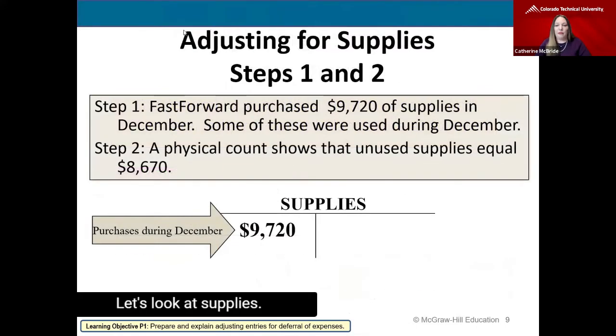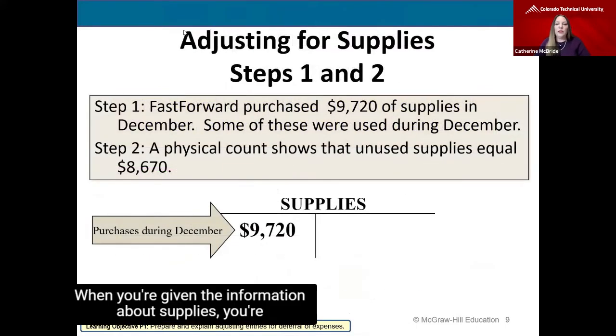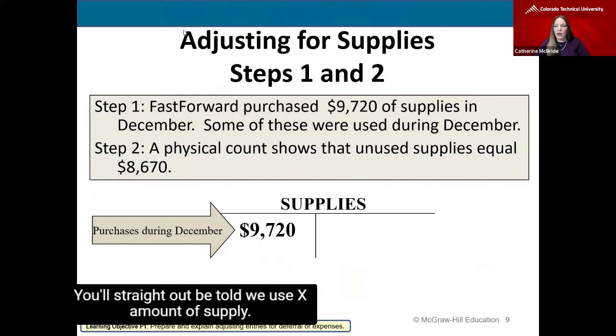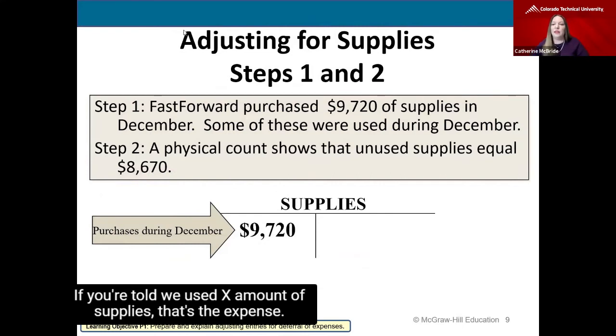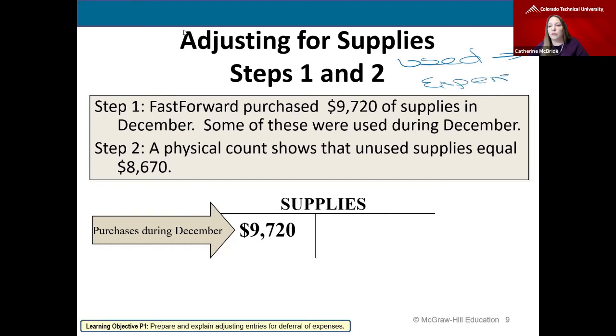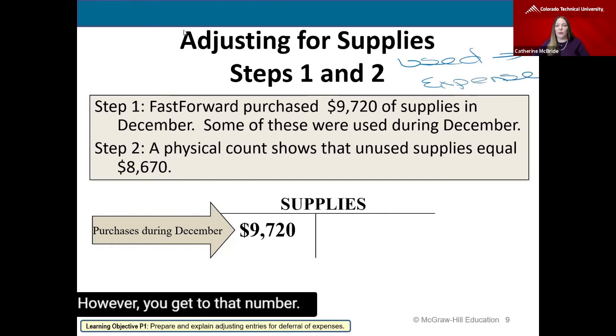Let's look at supplies. When you're given the information about supplies, you're going to be given it one of two ways. Either you'll straight out be told, we used X amount of supplies. If you're told we used X amount of supplies, that's the expense. So when you're looking at supplies, what we used is the expense, however you get to that number.